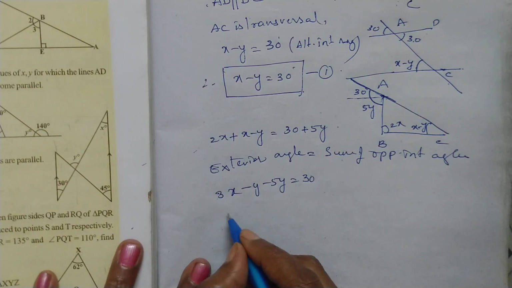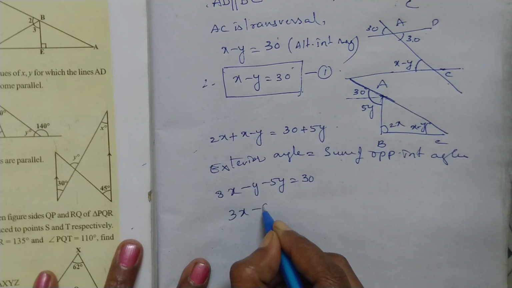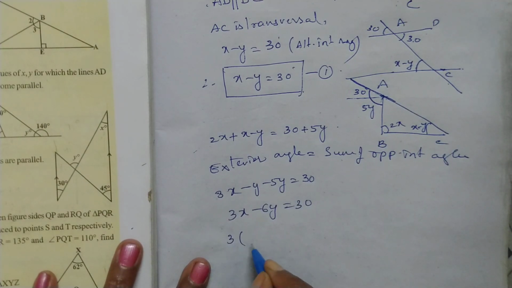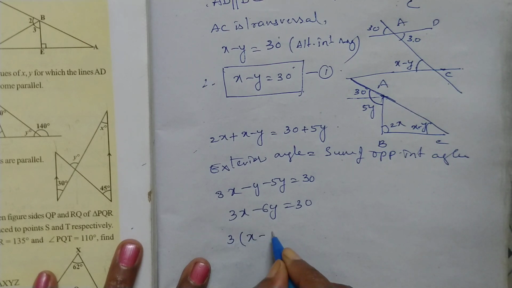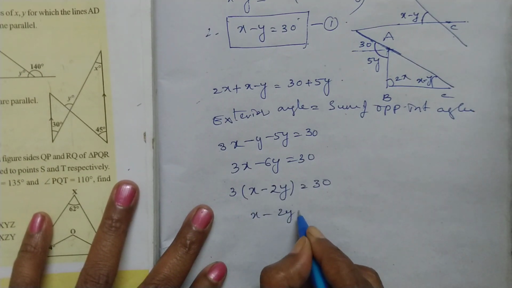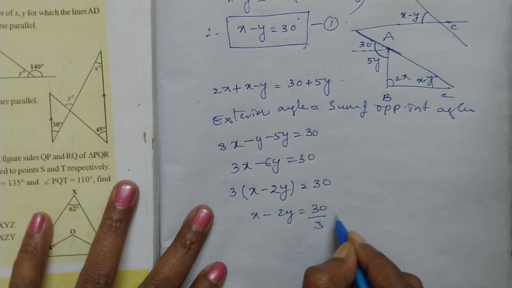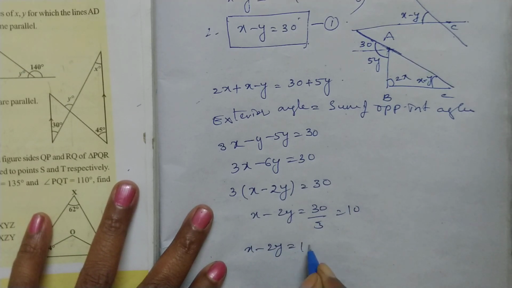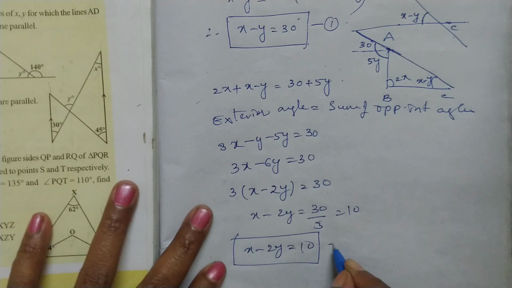So 3x minus 6y equals 30. Taking 3 common, x minus 2y is equal to 30 by 3, which is 10. So x minus 2y is equal to 10. This is the second equation.